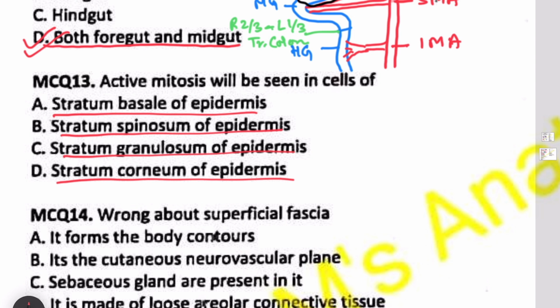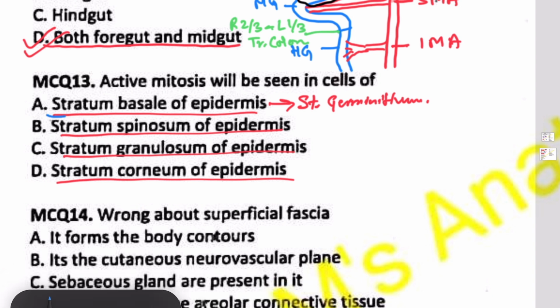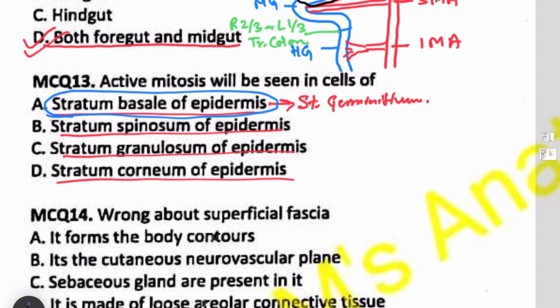You know that the stratum basale is also called the stratum germinativum, the basal layer of the epidermis, which is in a continuing state of mitotic division, especially in the exposed parts. So you'll find active mitosis in the stratum basale of the epidermis. So the answer, of course, is the stratum basale of the epidermis.